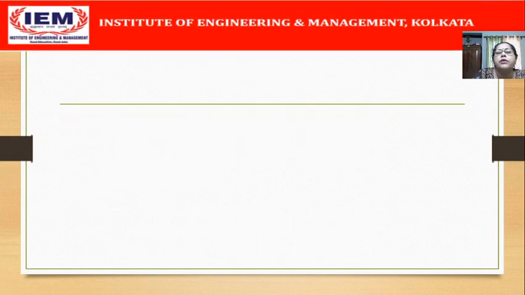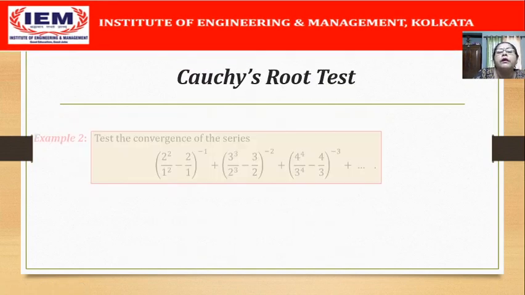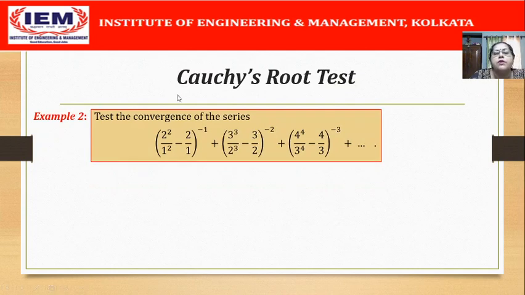Let us take up one more example. Test the convergence of the series: 2 square by 1 square minus 2 by 1, the whole expression to the power minus 1. Next, 3 cube by 2 cube minus 3 by 2, whole to the power minus 2.